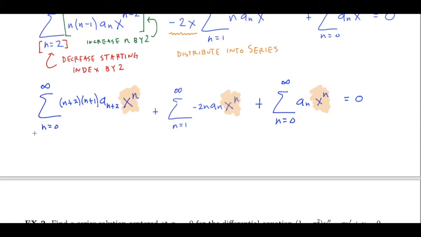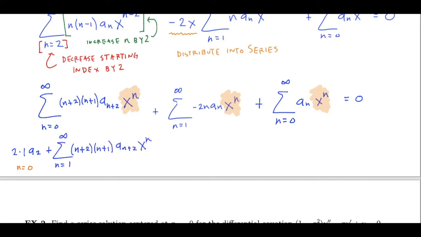The n equals 0 term, the very first term in this series, I'm actually going to peel off and write separately. Double check that if I plug in n equals 0, I'll get 2 times 1 times a sub 2 times x to the 0th power. So I've just written that here as 2 times 1 times a sub 2.